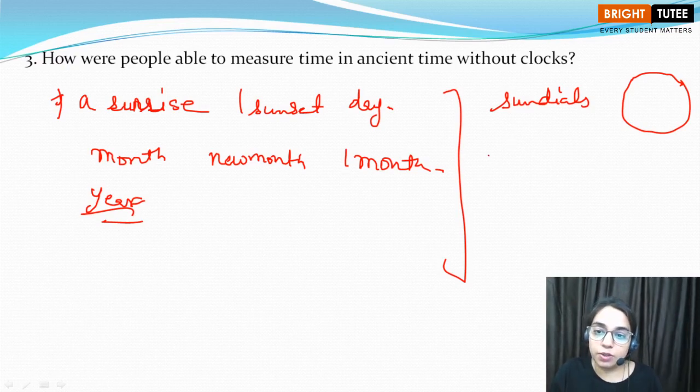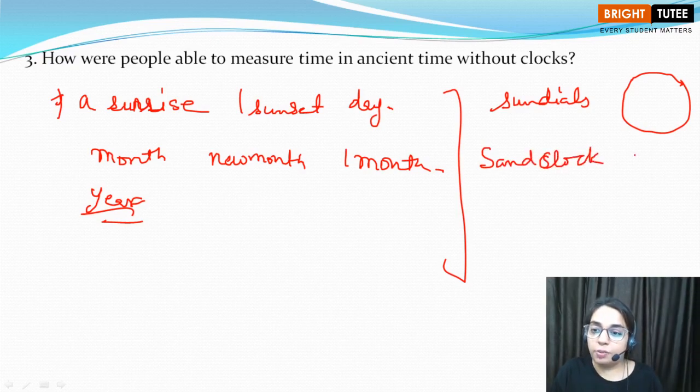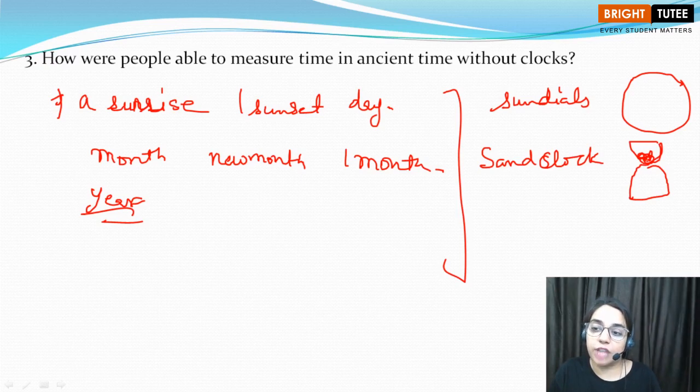Then they used the sand clock, which we commonly know as an hourglass, right? It depended upon the amount of sand which took a fixed interval of time to pass through a narrow passage. So these were some of the measures by which people in ancient times used to measure time intervals.